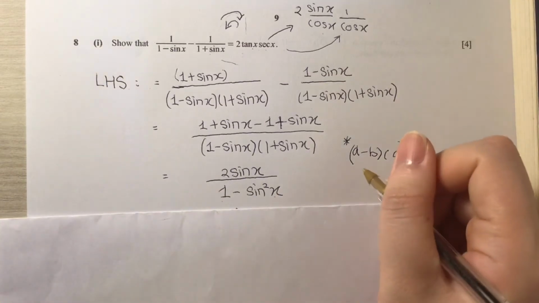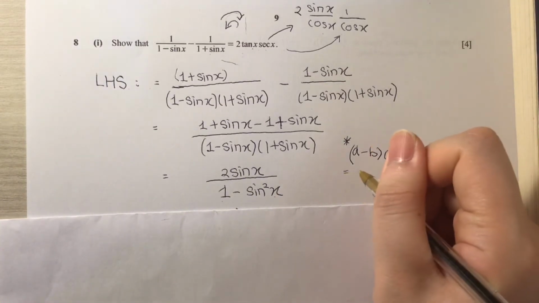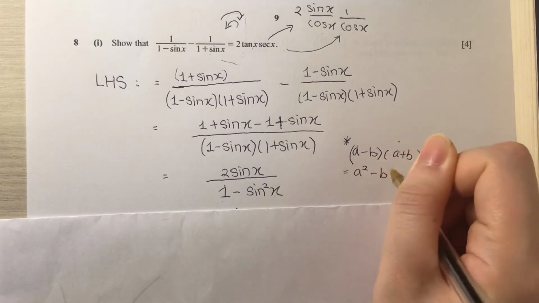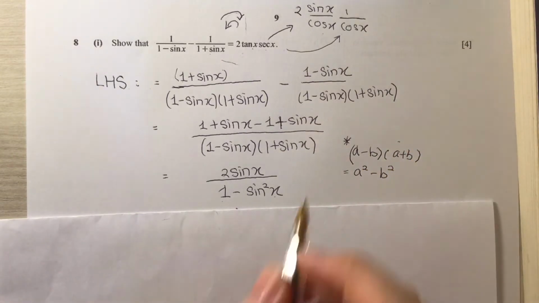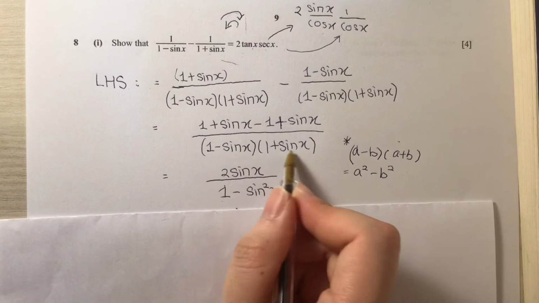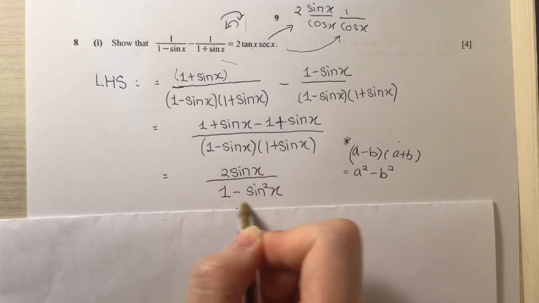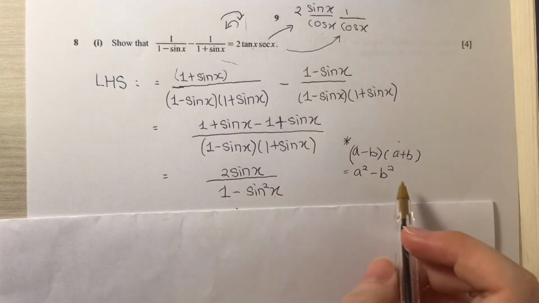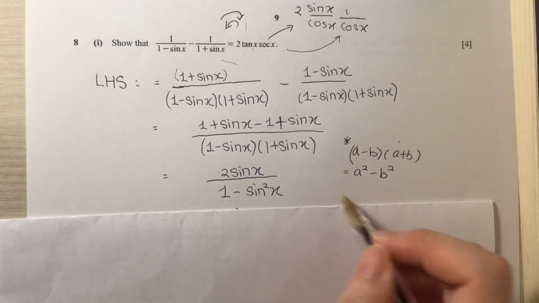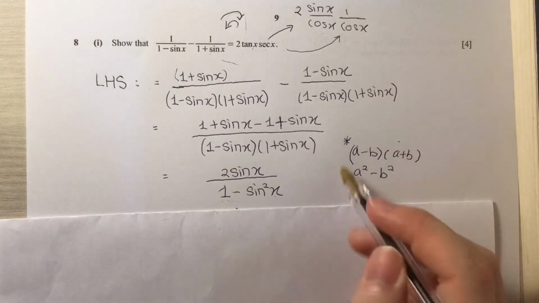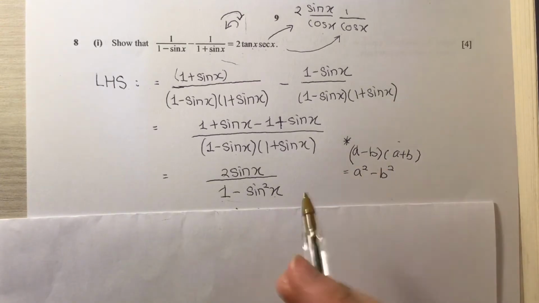This sort of multiplication will usually give us a squared minus b squared, which is very similar to the calculation involved over here, how you change from these two brackets as you expand to end up here. So knowing this rule will help you save time in your exam.